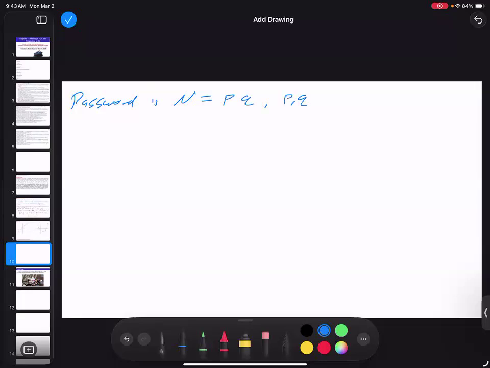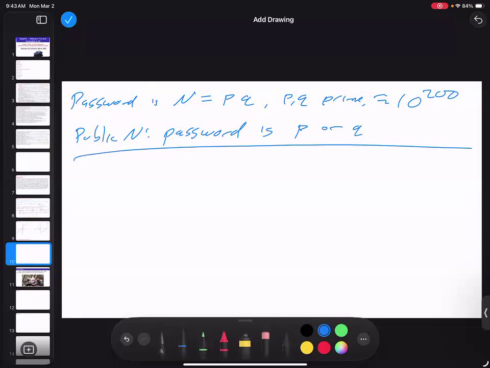So p, q are prime, and they're, let's say, of size 10 to the 200. So they're large prime numbers. Okay, and I make n public, and so the password is p or q. So there are 2 passwords.